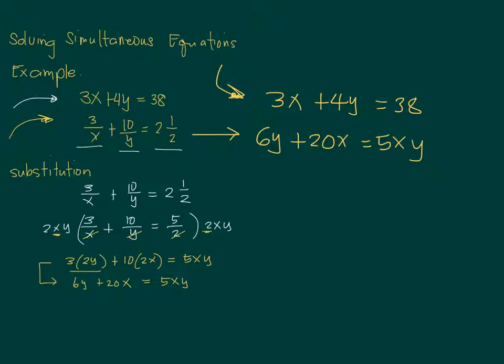The second one is not linear because we have x and y, two variables multiplied to each other. So how do we proceed? We take 3x plus 4y equals 38, and we solve for either x or y.